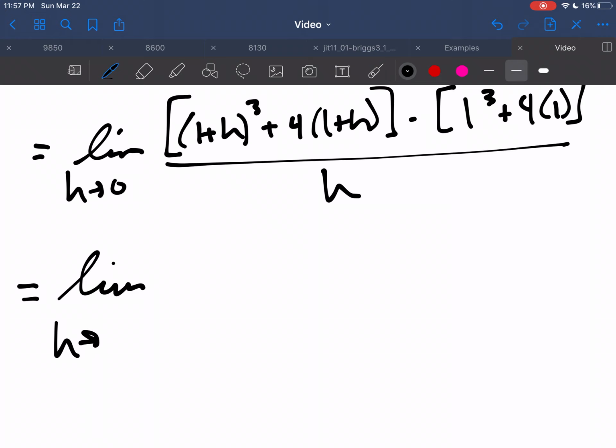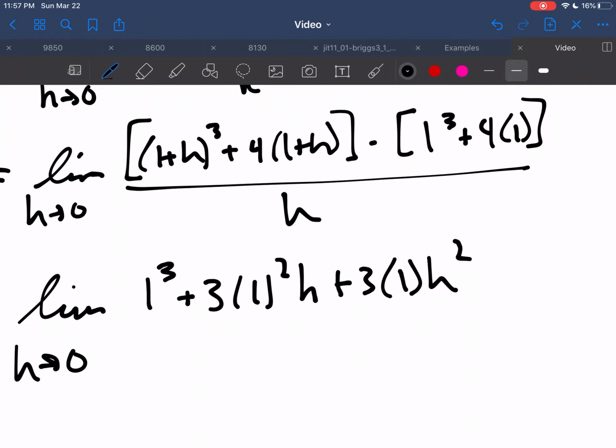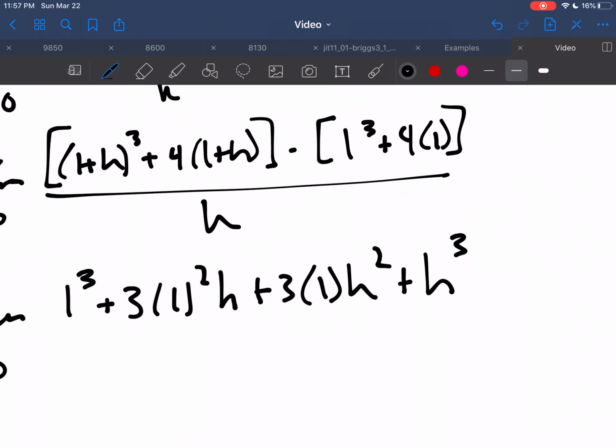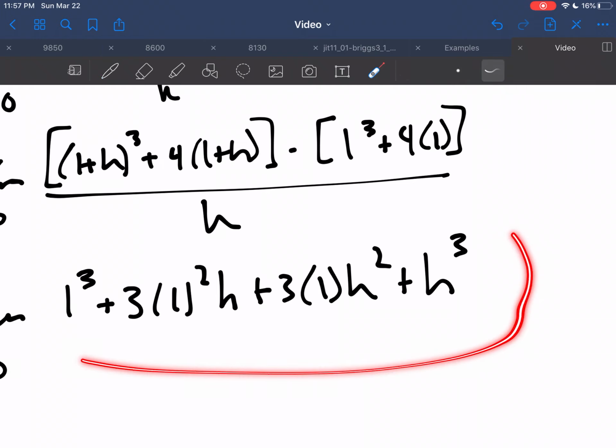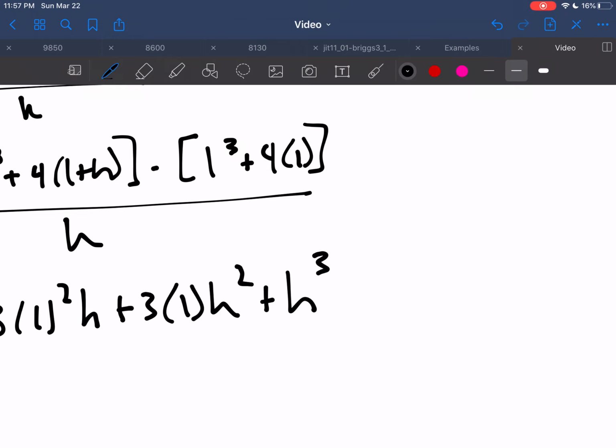And we get the limit as h approaches 0 of 1 cubed plus 3 times 1 squared times h plus 3 times 1 times h squared plus h cubed, and all of this, plus 4 times 1 plus 4h.